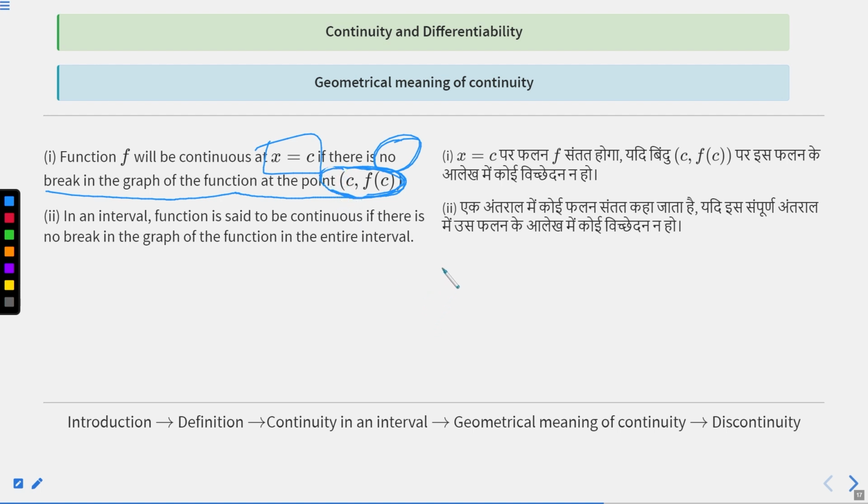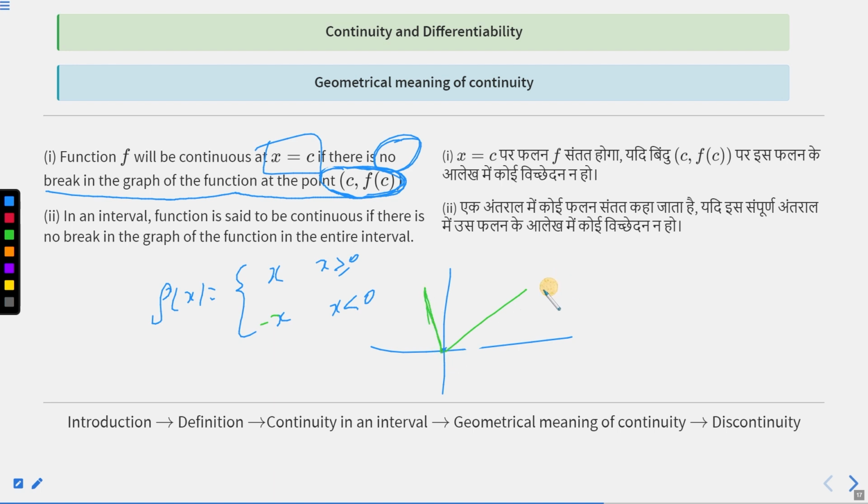What does this mean? Suppose f(x) is defined this way: f(x) equals x if x is positive, and if x is negative, then it will be minus x. So at x equals 0 your graph looks like this, just the modulus function.